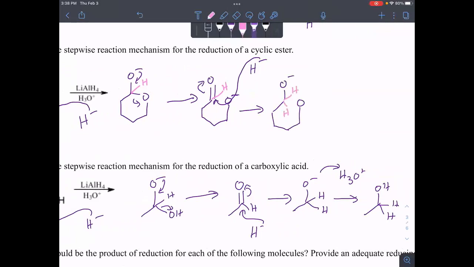And now we have a primary alcohol on that side. Oh, and then this just gets protonated. And then the last step is for this oxygen to also get protonated. And there's your final result. So because we got a cyclic ester, we're going to have 2 alcohols on the same molecule, and they're both going to be primary.